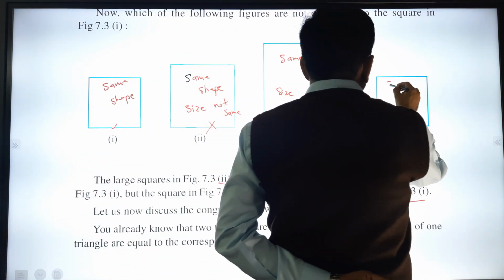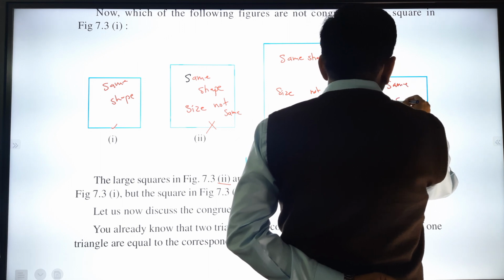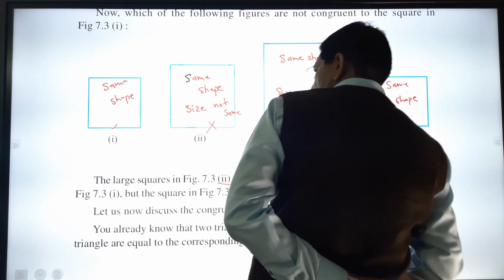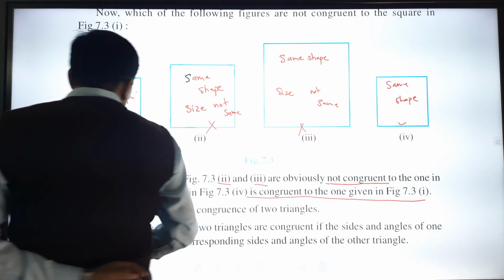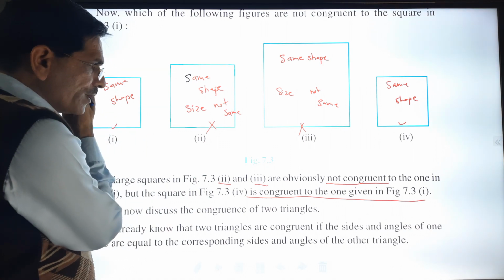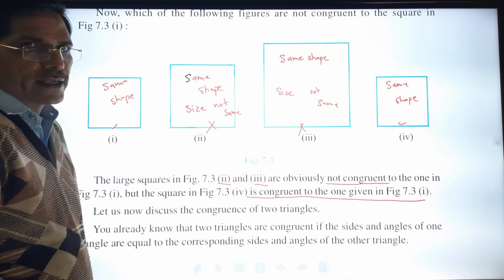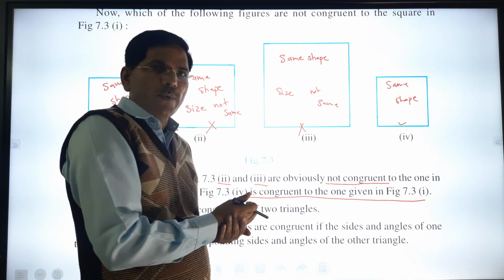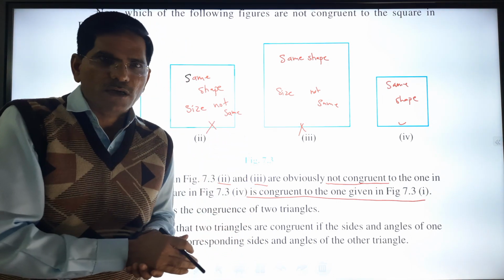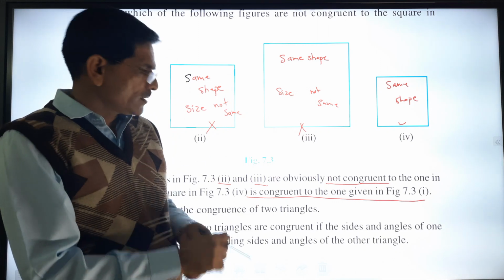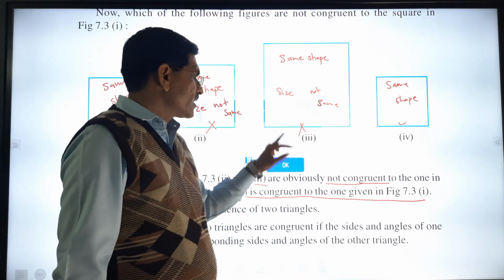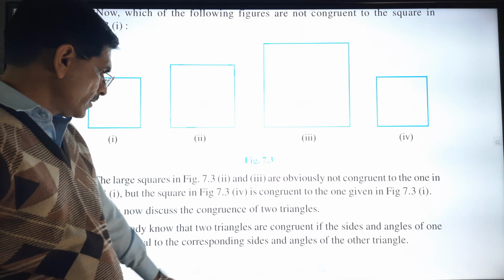Again same shape and same size. I think if you go into it deeply, now we go for the triangle. We have understood the square and the circle. Now we want to concentrate on the shape of the triangle.